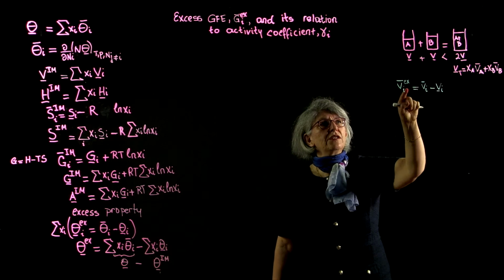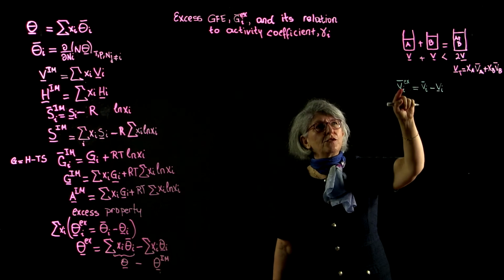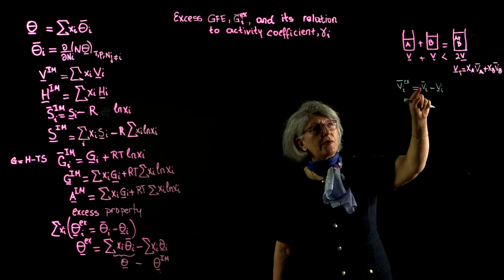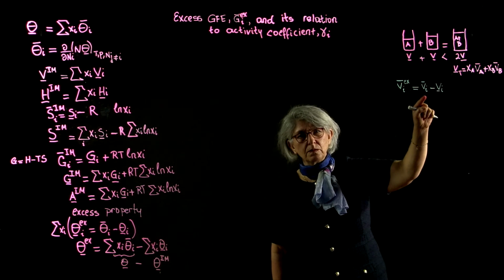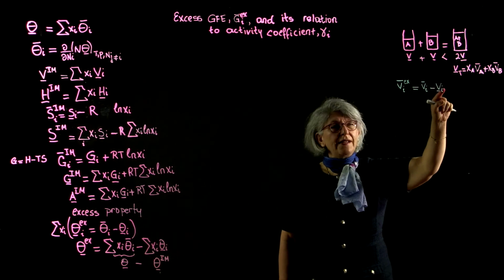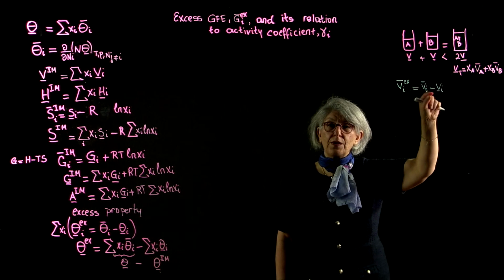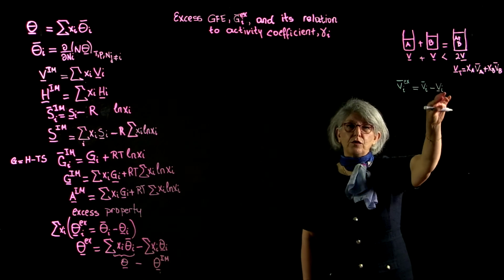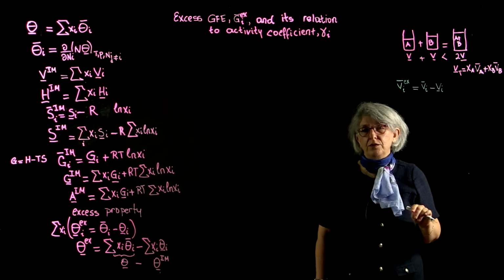So partial molar excess volume is going to be the difference between the partial molar volume relative to its counterpart molar volume of the pure component.